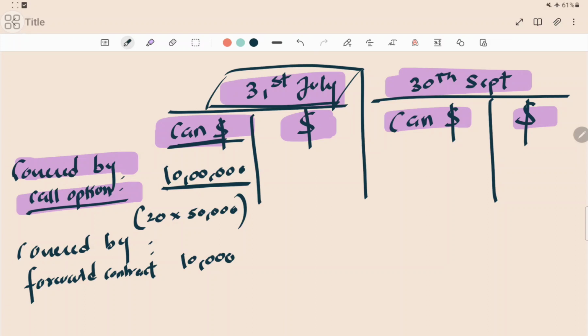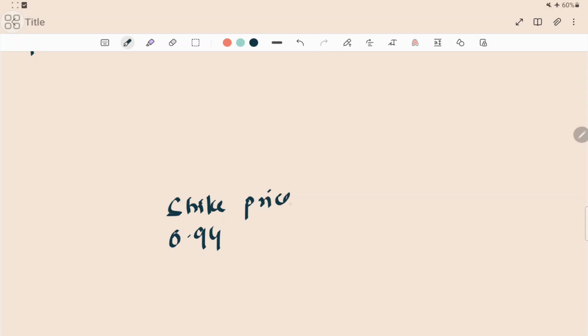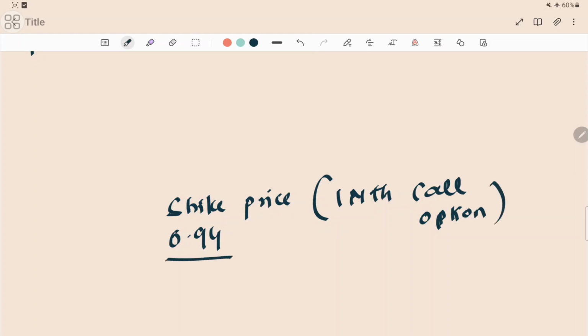Now in order to get dollar equivalent of this 10 lakh, what should I do? Divide or multiply using the strike rate 0.94. We've selected 0.94. This is a strike price, 1 month call option. Got it. 0.94 is what? Dollar by Canadian dollar.